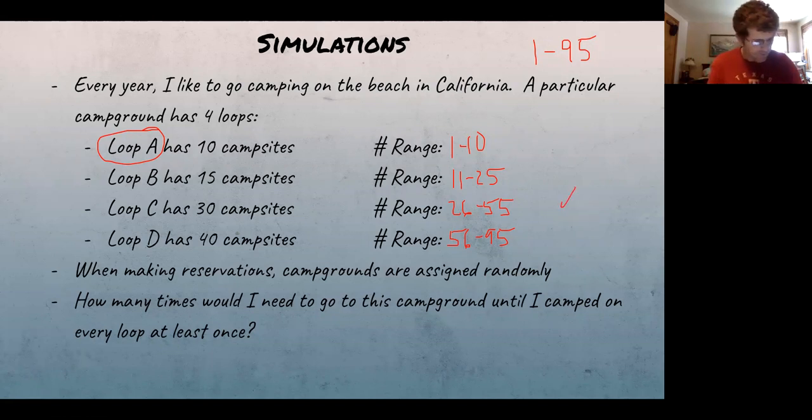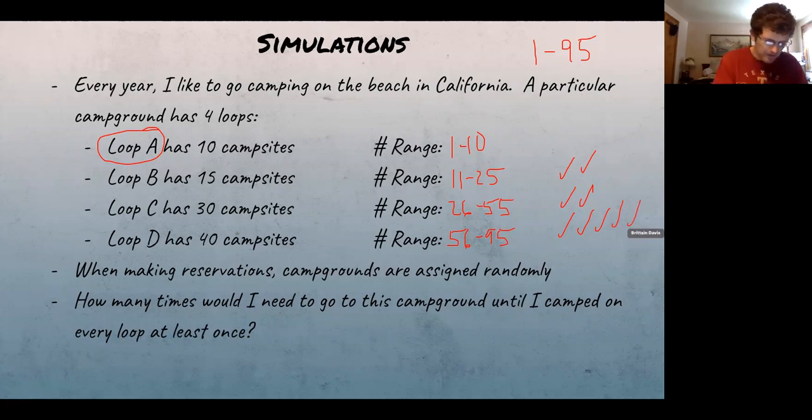The second time I got 14, that puts me in loop B. The next time I got 53, oh, I stayed in loop C again. Then I got 78, now I'm in loop D. So now I just need to figure out how many times until I get to stay in loop A. That's gonna be probably the hardest one to get. So you can see my check marks just mean my results that I'm getting. 60, 56.